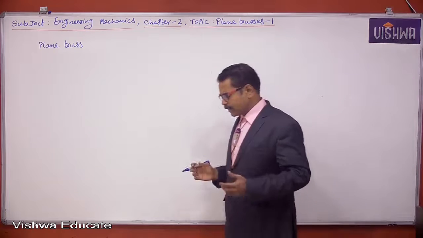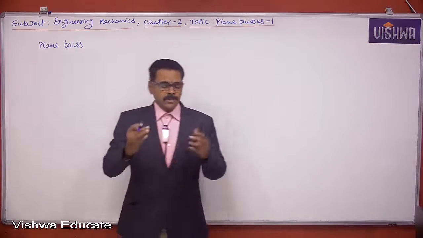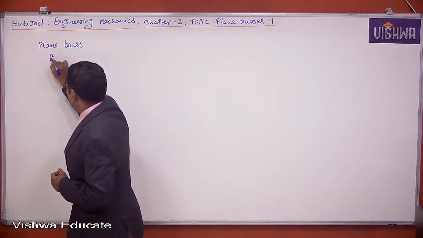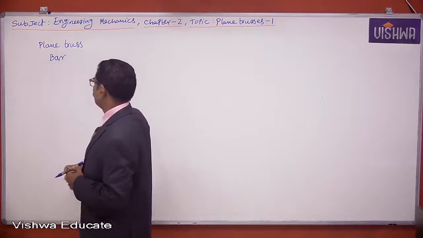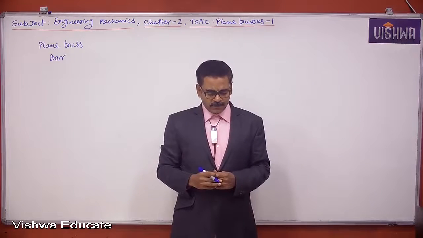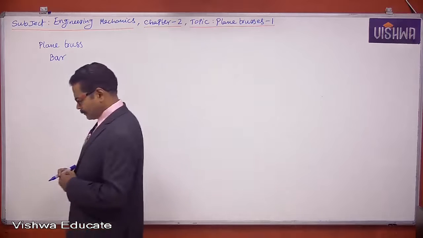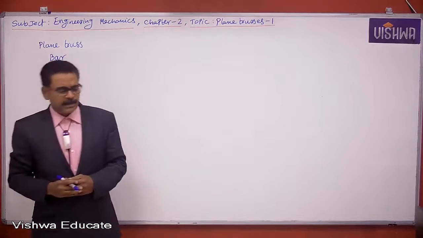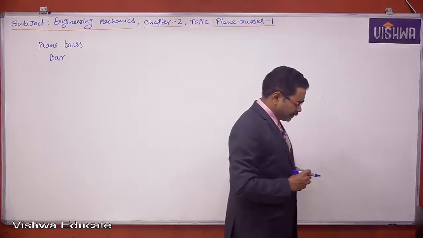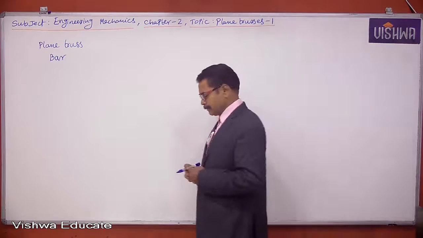So it is an assembly of bar elements. What is a bar element? So write down what is bar. Plane truss is made with bar elements. I am defining bar. It is the element which carries only axial force.